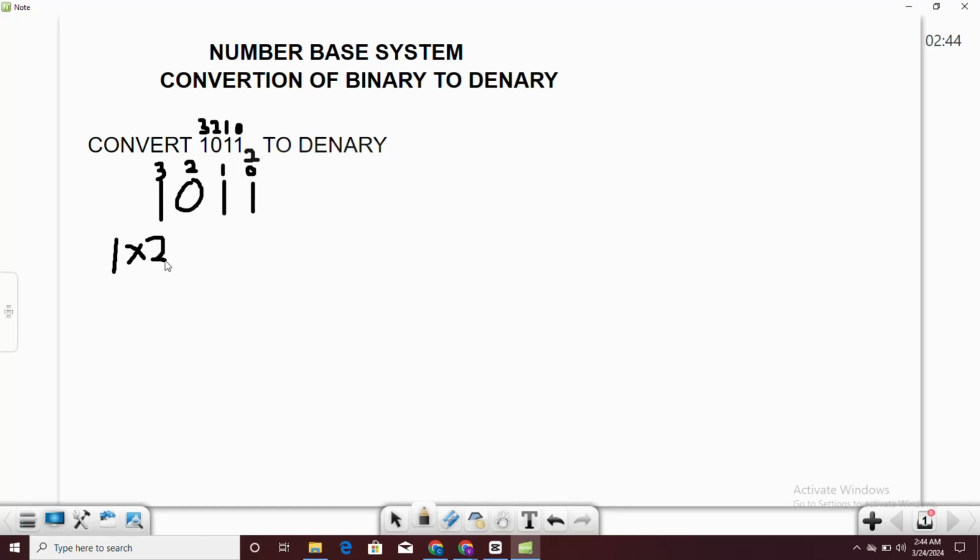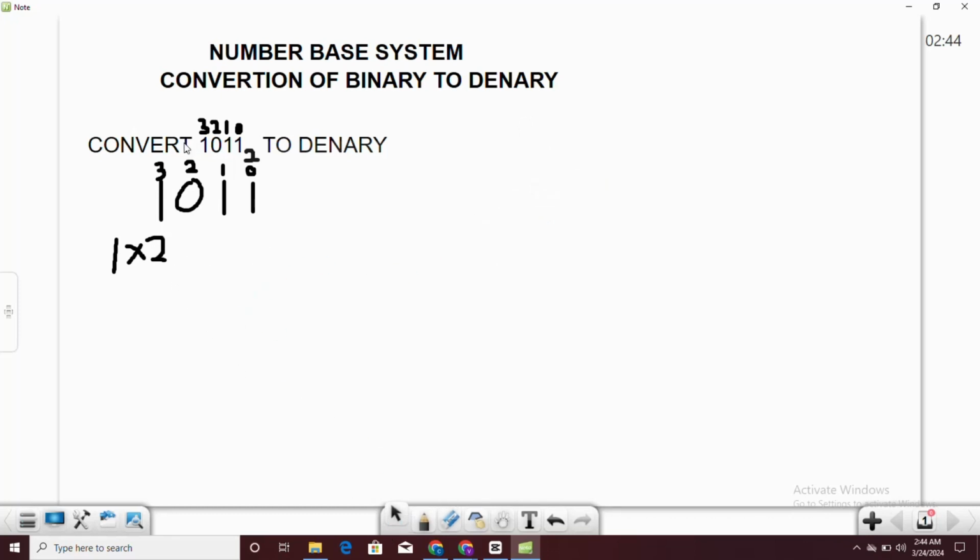For example, if my question is 14 base 5, I'm going to do 1 times 5. Because we are converting binary numbers, I'm going to use 1 times 2.